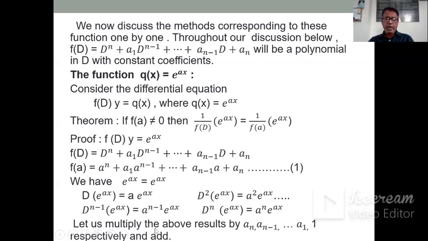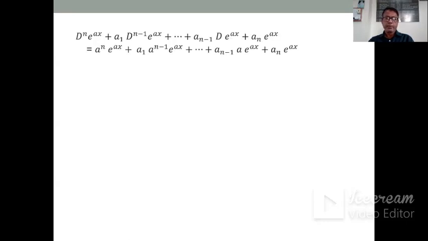And then we add all this, we get D to the power n e to the power ax plus a1 D to the power n minus 1 e to the power ax plus and so on, plus a_(n-1) D e to the power ax plus a_n e to the power ax.